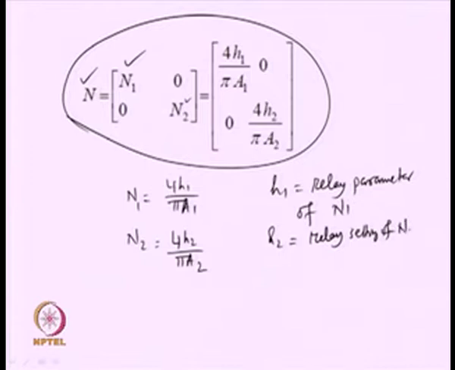of n2, and when n1 and n2 are available, then we will have sustained oscillatory output for the TITO system.